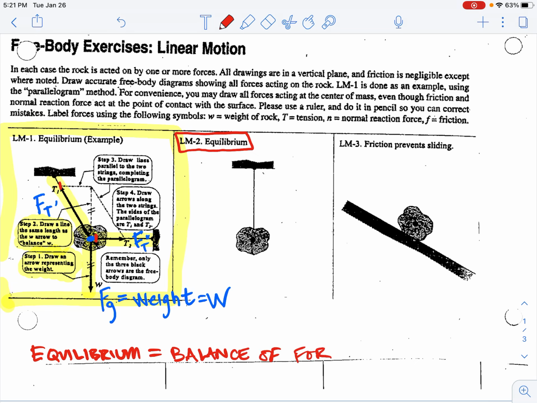In other words, if I add up all these forces, the force net, which is the sum of all those forces, equals 0. Okay, force net equals the sum of all forces.